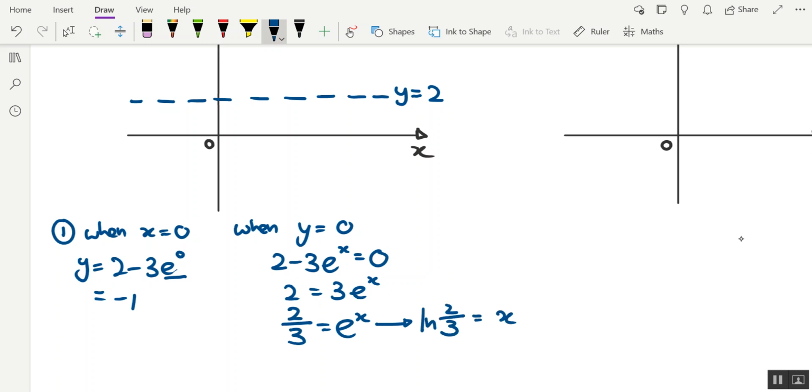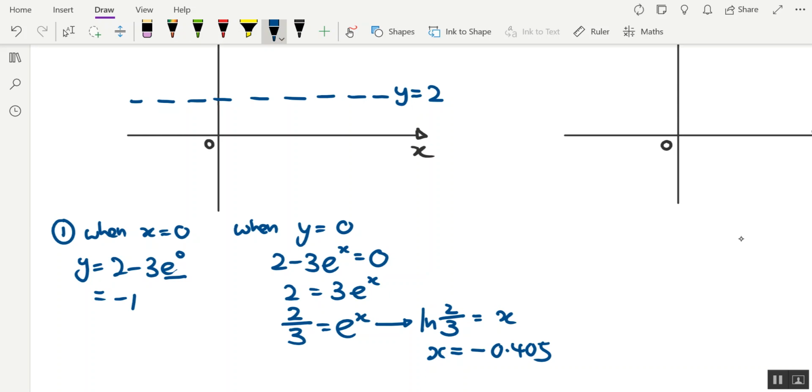Ln 2 over 3 is actually a negative value, because if you ln a number that's lesser than 1, it will give you a negative value, negative 0.405. For most IP schools, you need to keep it in 3 significant figures, negative 0.405.